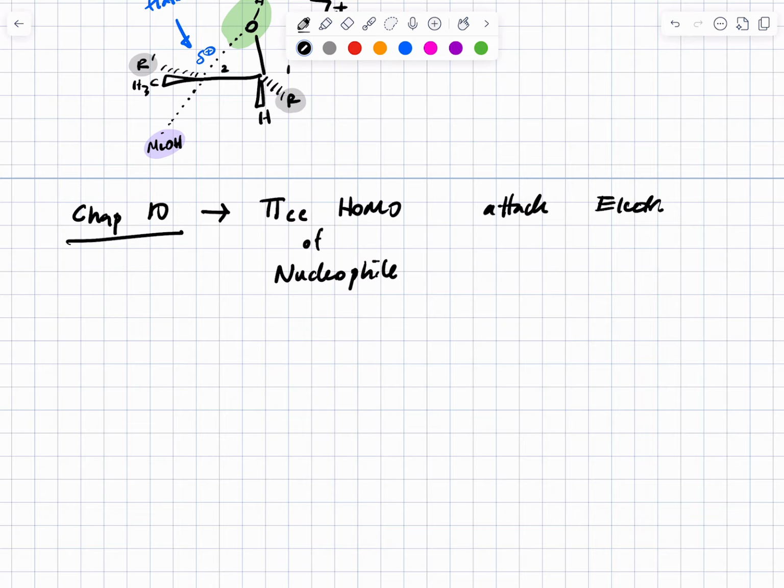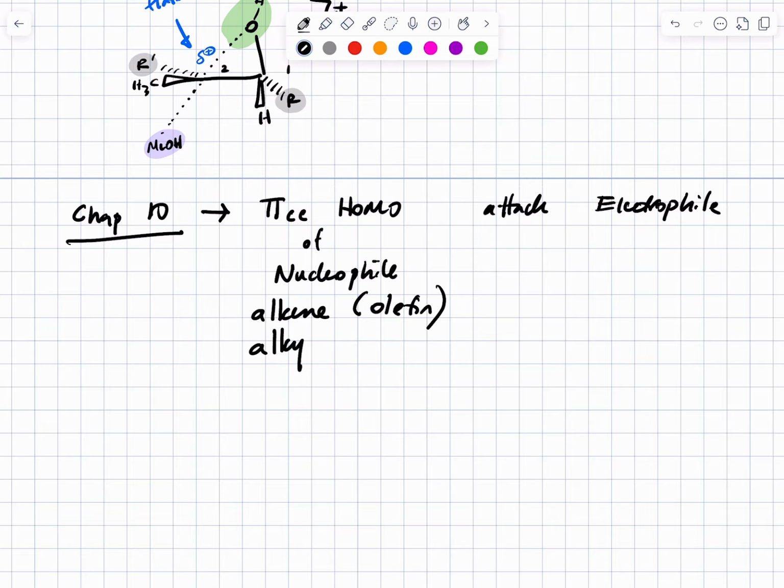Your text will call this electrophilic addition to an alkene, which is fine, but it's the alkene that's the nucleophile, and its pi bond is going to be the thing that's doing the attacking. Another word for alkene, if your nose is plugged and you don't want to sound nasally, is olefin. That's from the petroleum industry. I might say olefin when I get sick of saying alkene.